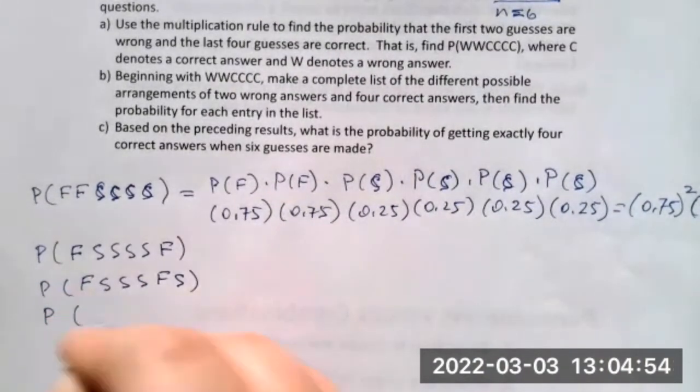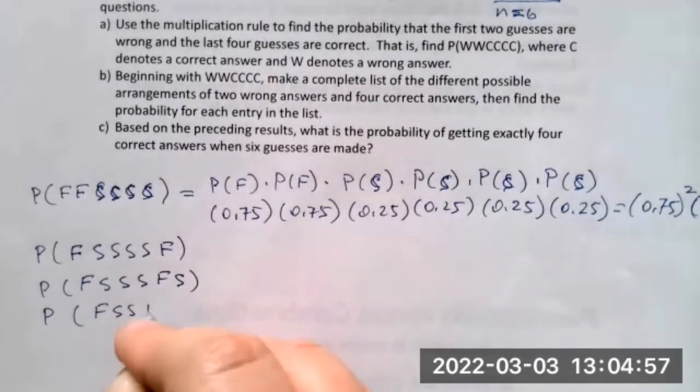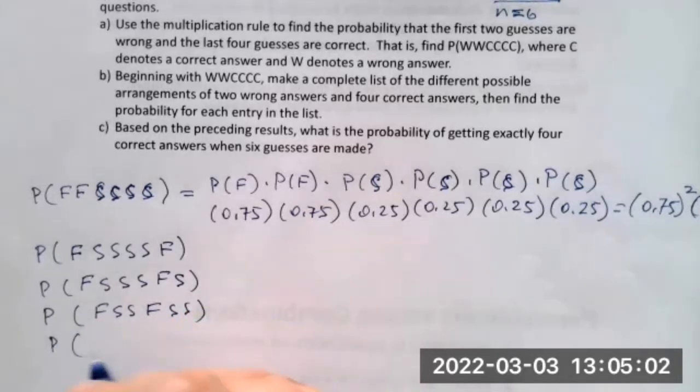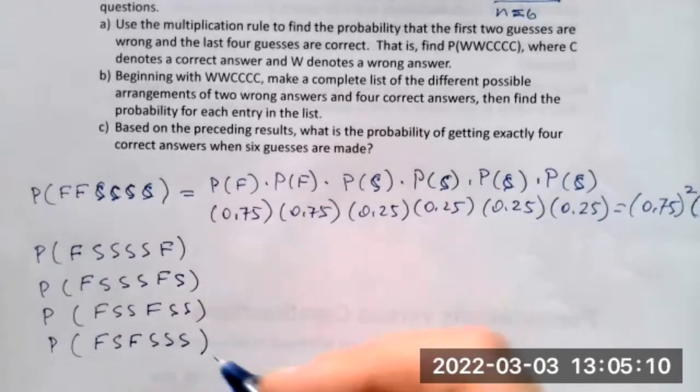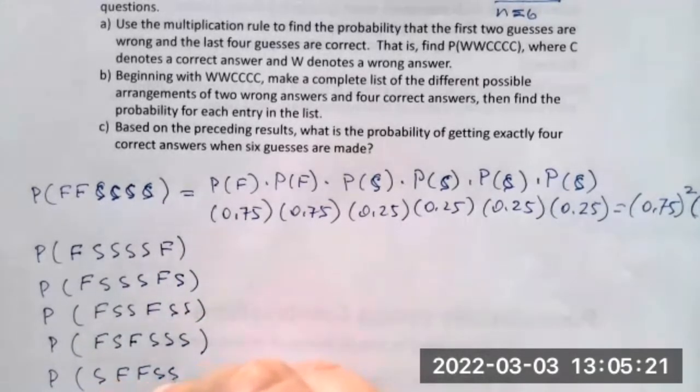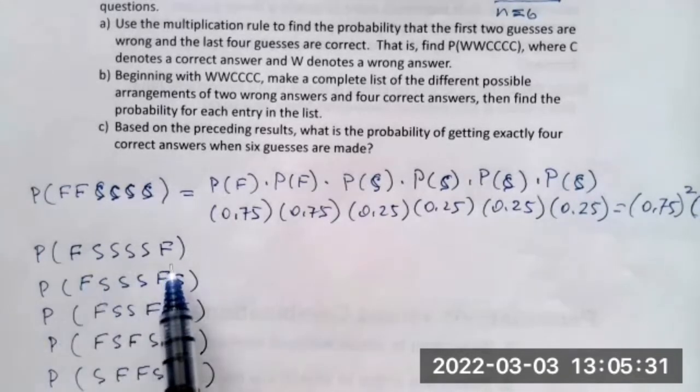And then we could have failure, success, success, failure, success, success, and then failure, success, failure, success, success, success, and then success, failure, failure, success, success, success. Okay, we're gonna stop here, stop listing. I mean, this list goes on, but let's figure out the probability here.